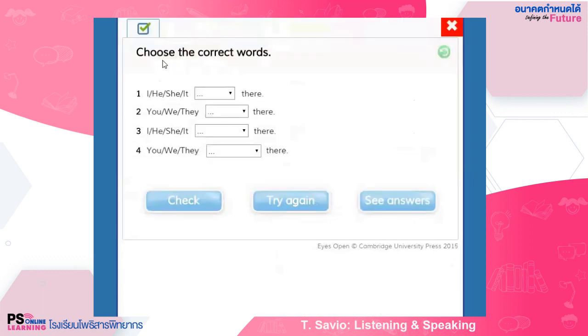Choose the correct words. So this is a kind of revision of what we've already done. I, he, she, it, we use was, for singular. You, we, they, we use were. So you were there, we were there, they were there. Next, for I, he, she, it, we use the negative form, wasn't.